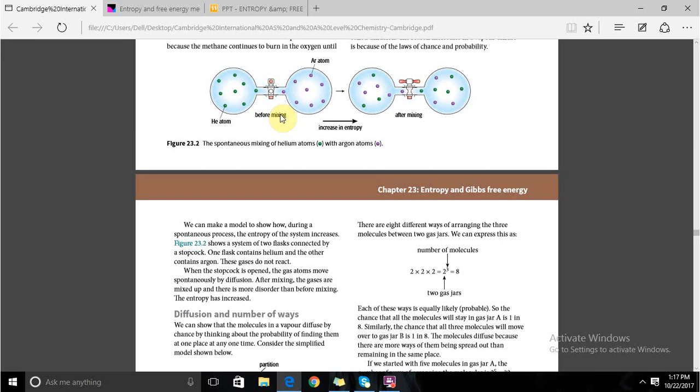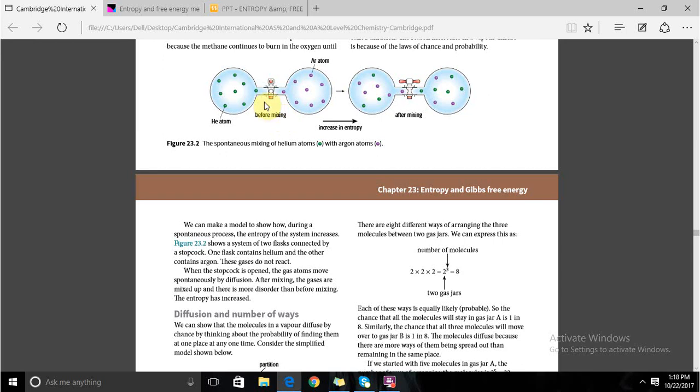The reason is simple enough: we have given it so many different orientations, so many different possibilities, and each orientation has the same likelihood of happening. The possibility of them sticking right where they were, or all of them clustering in the same flask, is very little compared to the possibilities of them arranging themselves in a mixed up situation in different orientations.